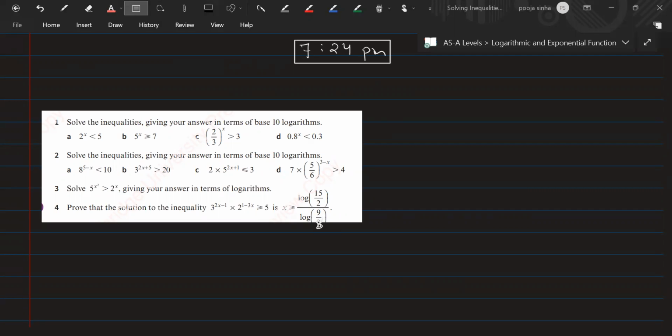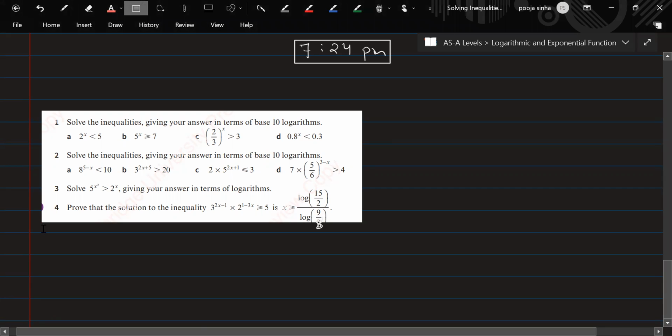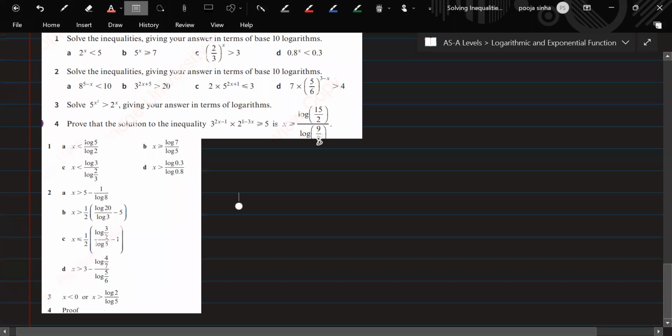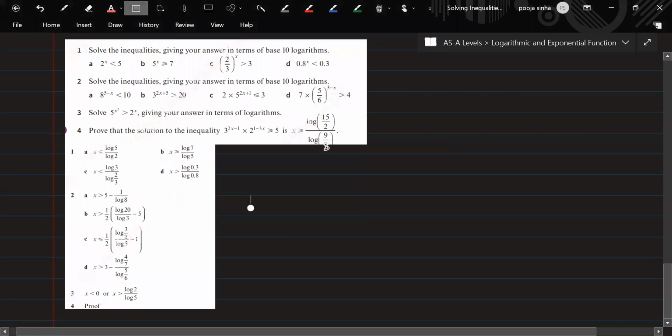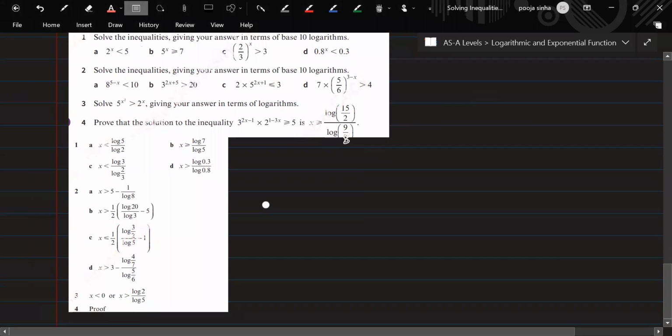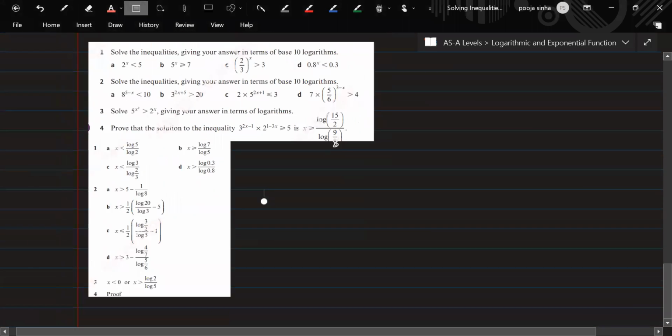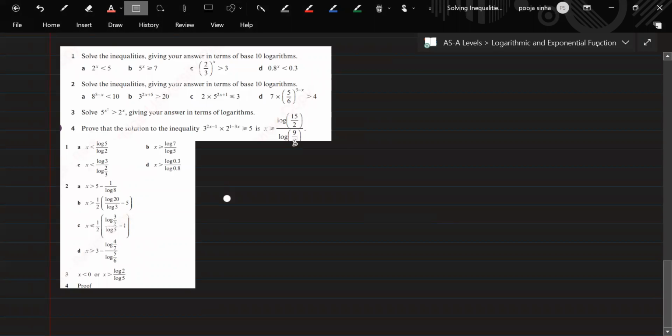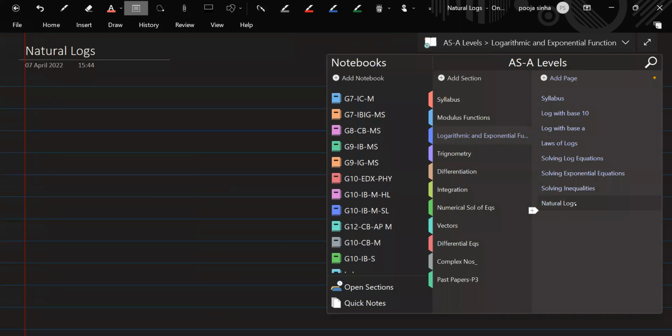I'm giving you. Okay, you're able to see? Yeah. Done. Next, we move to natural logs.